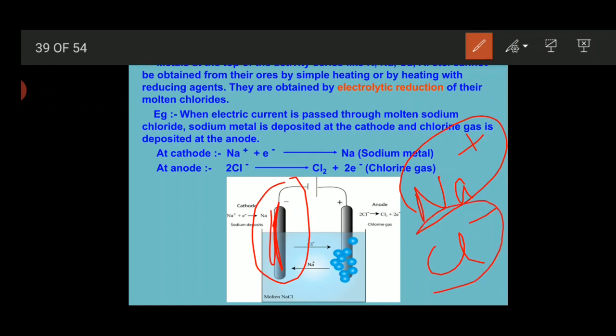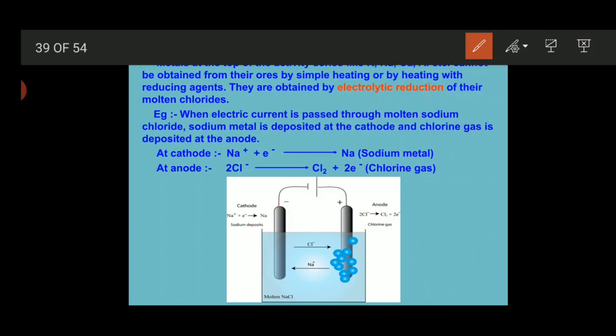And being negative in nature, the chloride ion moves towards the anode, where the reaction takes place and it gets converted into chlorine gas. The cathodic reaction is that one electron is added to a sodium ion and it gets converted into sodium metal. Similarly, from chloride ions, two electrons are released and it gets converted into chlorine gas.